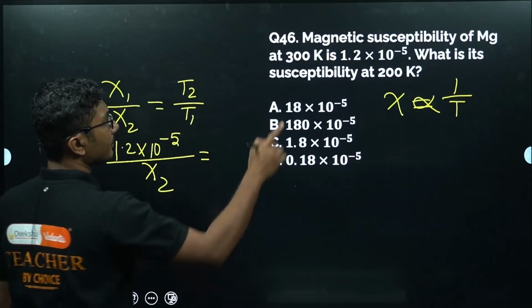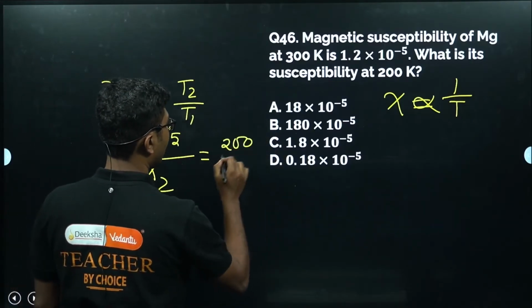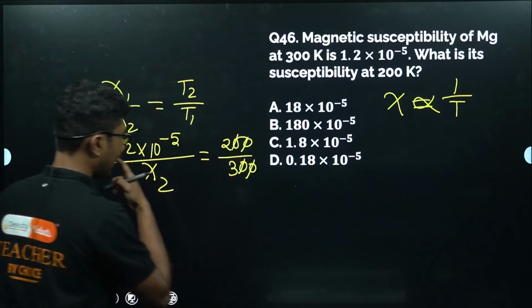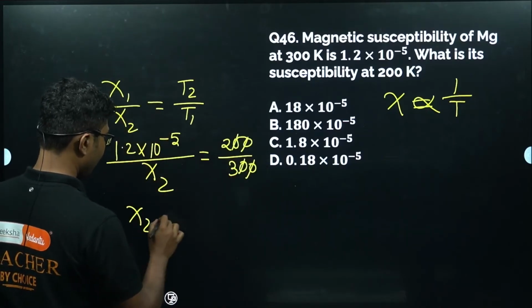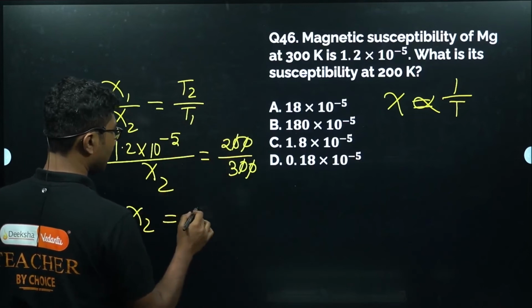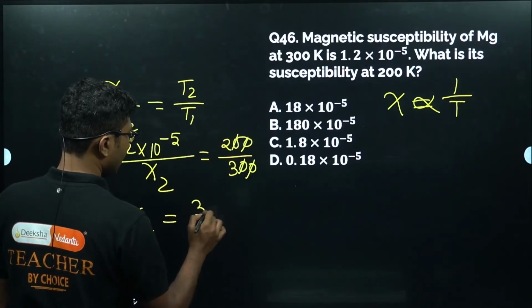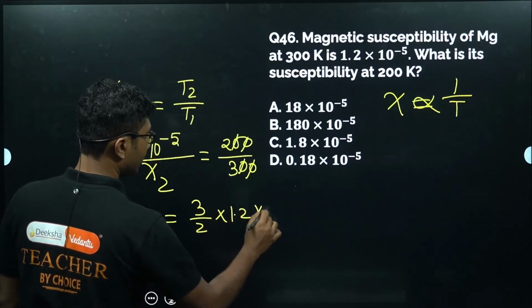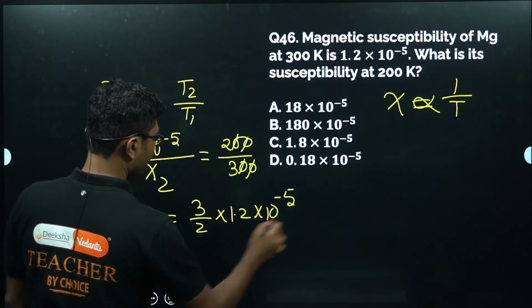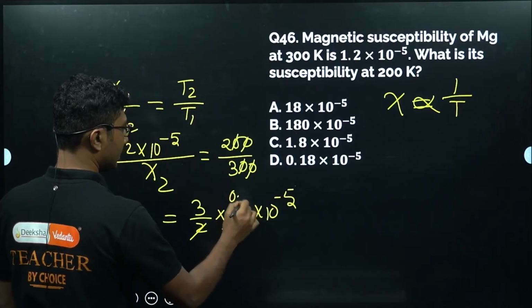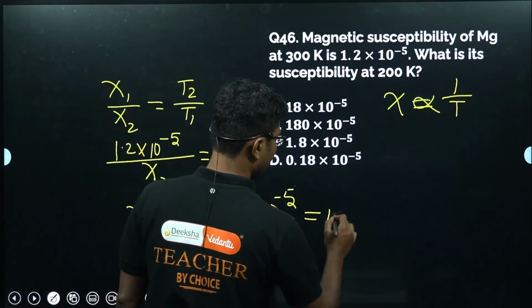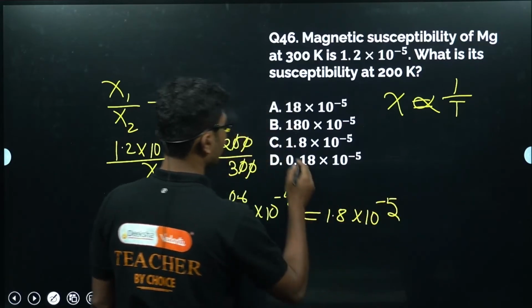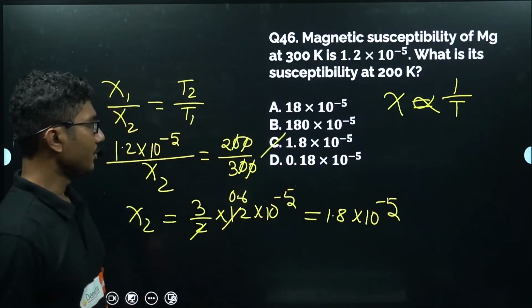T2 is given as 200 K. T1 is given as 300 K. Okay, so xi 2 will be, this one will go up, cross multiplication, 3 by 2 times 1.2 times 10 to the power of minus 5. So this will become 0.6, that is 1.8 times 10 to the power of minus 5. So 1.8 times 10 to the power of minus 5.